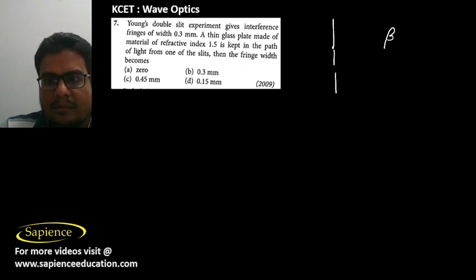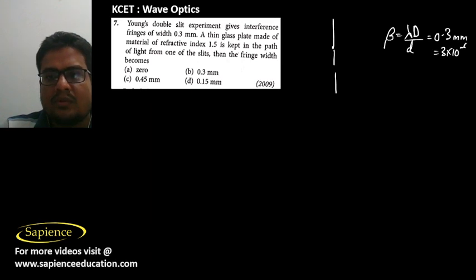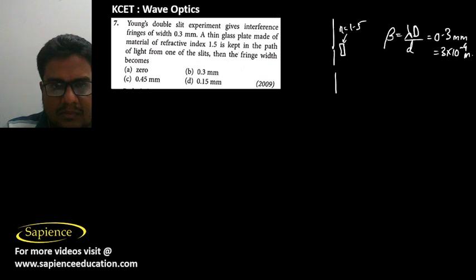So if beta is the fringe width, that is equal to lambda D by d, that is equal to 0.3 millimeter, so it is 3 into 10 power minus 4 meter. A thin glass plate made of material of refractive index 1.5 is kept in the path of light from one of the slits. Its refractive index n is 1.5. Then the fringe width becomes?